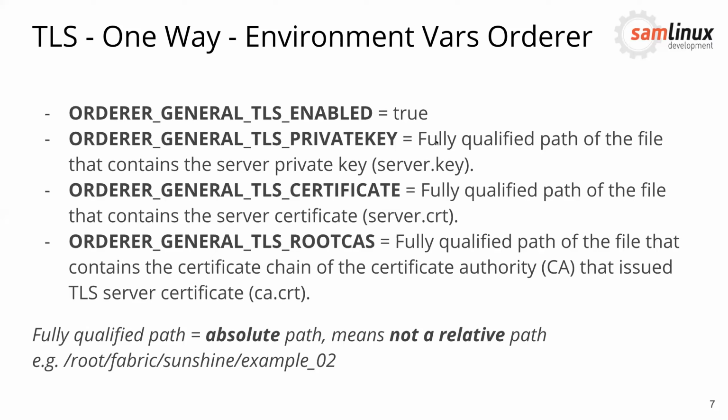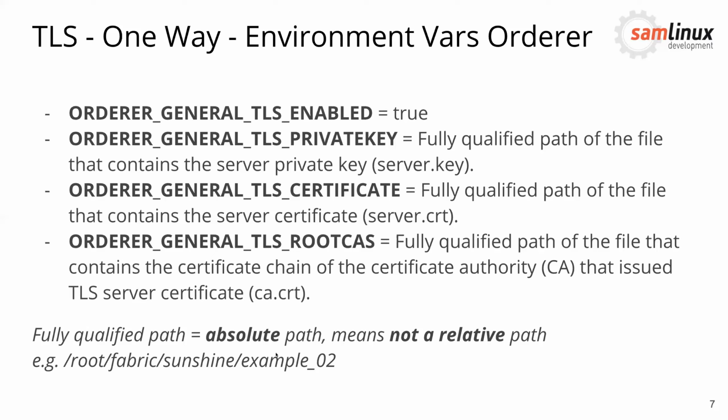And we have here the private key, the TLS certificate, and the root TLS certificate. And these are the 3 files I have shown you previously. For these 3 variables, we have to set a path to the server key, to the server cert, and also to the CA cert. And you have to do it in a fully qualified path. That's maybe something I would like to note.